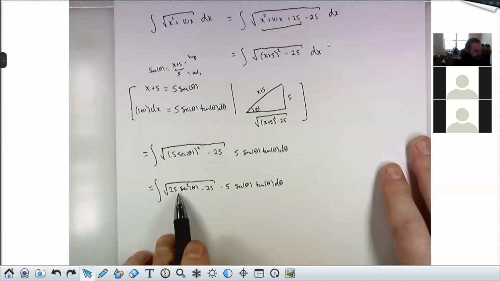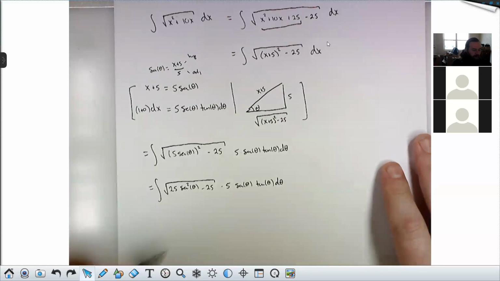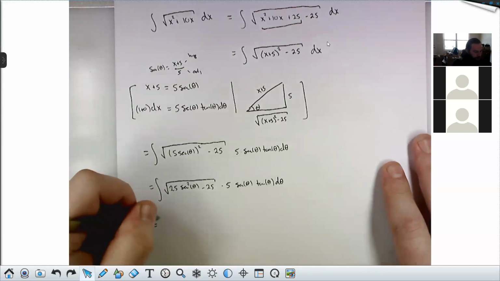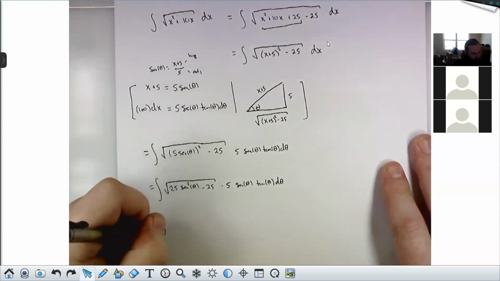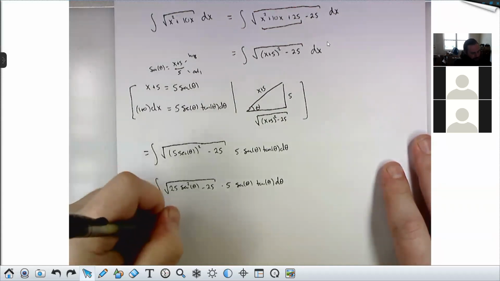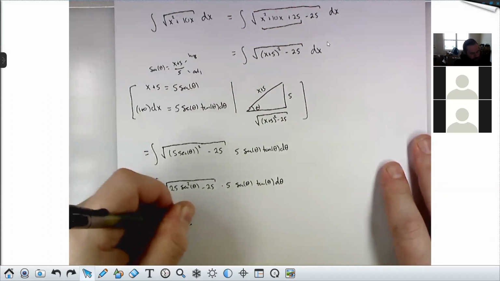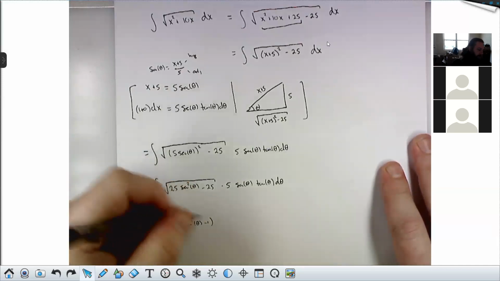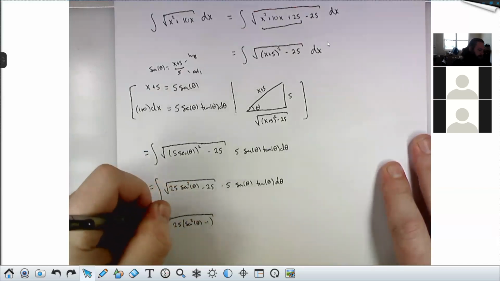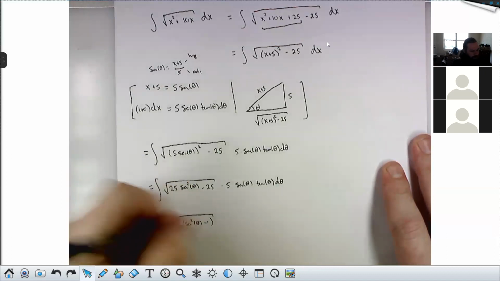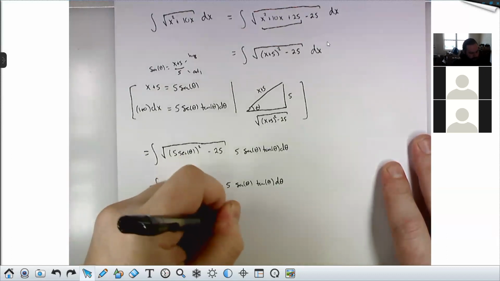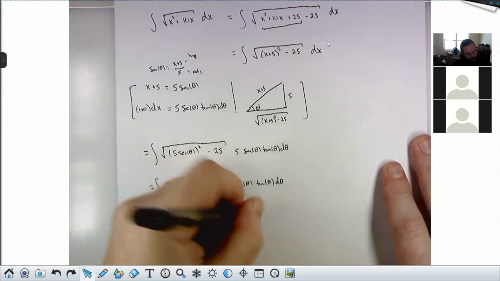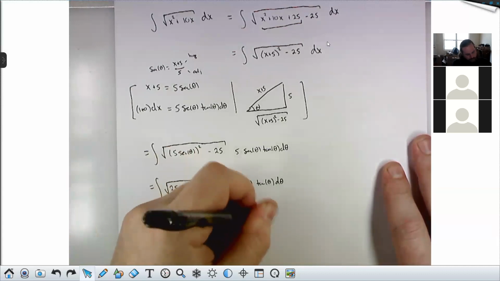So this will be secant squared. Yeah, it's going to be a looping thing. You can turn it into a secant cubed thing, yeah. So that's 25 secant squared theta minus 1, which is indeed tan squared. So you'll have a tangent here and then a secant here and a tangent there. So yeah, it is. This is nasty.